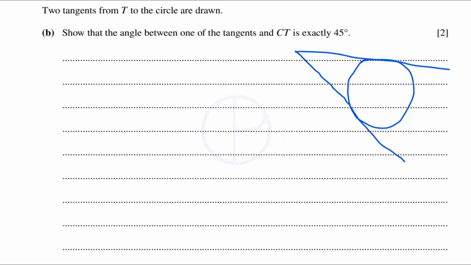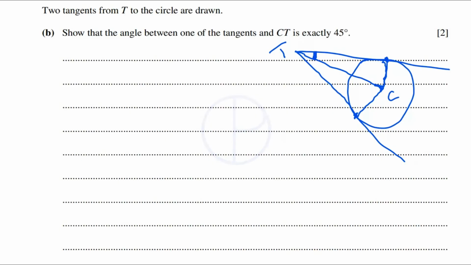Let's consider this as the center C and this is T. So we have to prove the angle between one of the tangents and the CT, this angle, is 45. Okay. What are the values we know here?